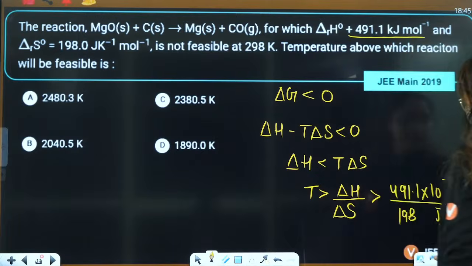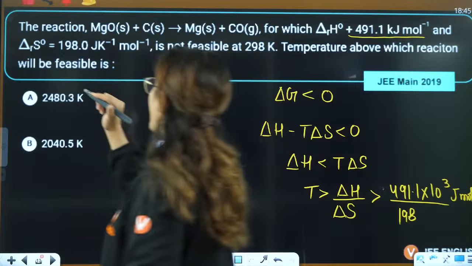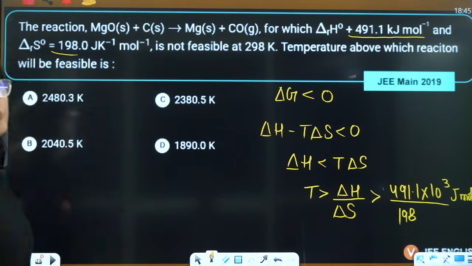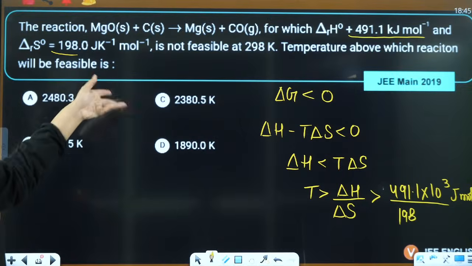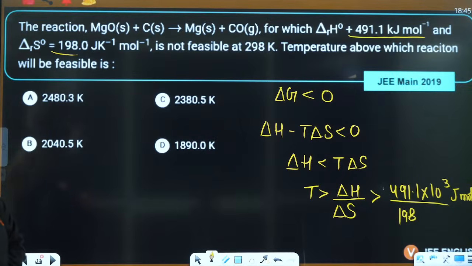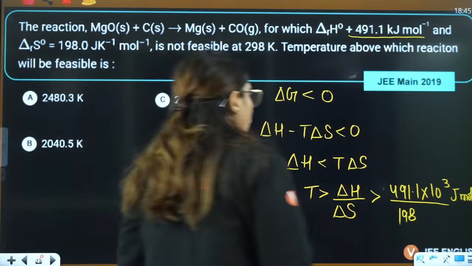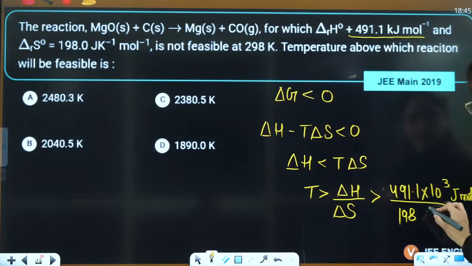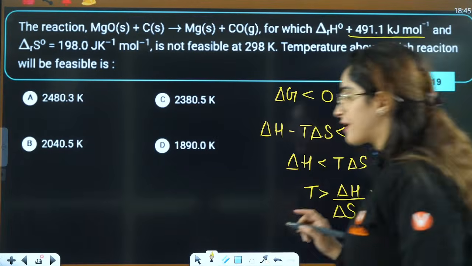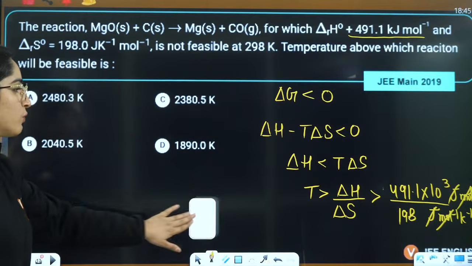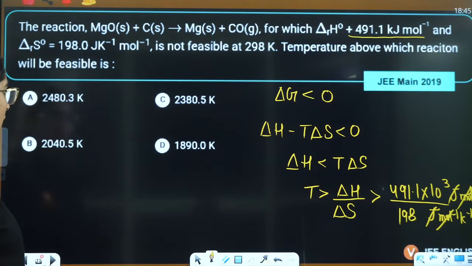Okay, my bad. I thought here per mole is not written. If per mole is not written, then I'll have to convert it into per mole, which means dividing by the number of moles. It is already given that much complication, so they will not do that. 198, this is joule per mole per Kelvin, and these all will cancel. You will have Kelvin here. So temperature will be greater than, solve this value and you will get your answer, right?